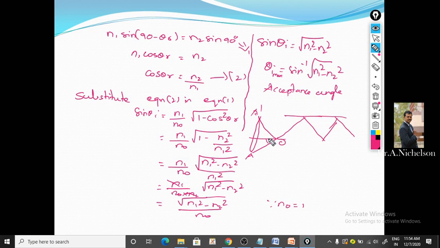That angle is called the acceptance angle. Maximum angle below which the ray enters the optical fiber.